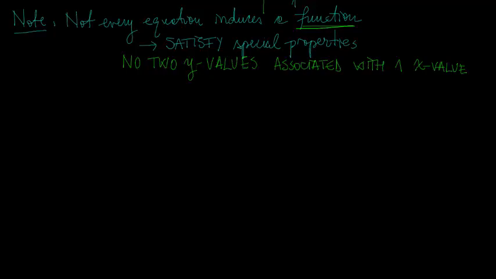In particular, the important property is that no two y values can be associated with one x value. To be able to distinguish graphically whether or not a curve, for example, this curve over here represents the graph of a function or not, we developed a test, namely the so-called vertical line test.